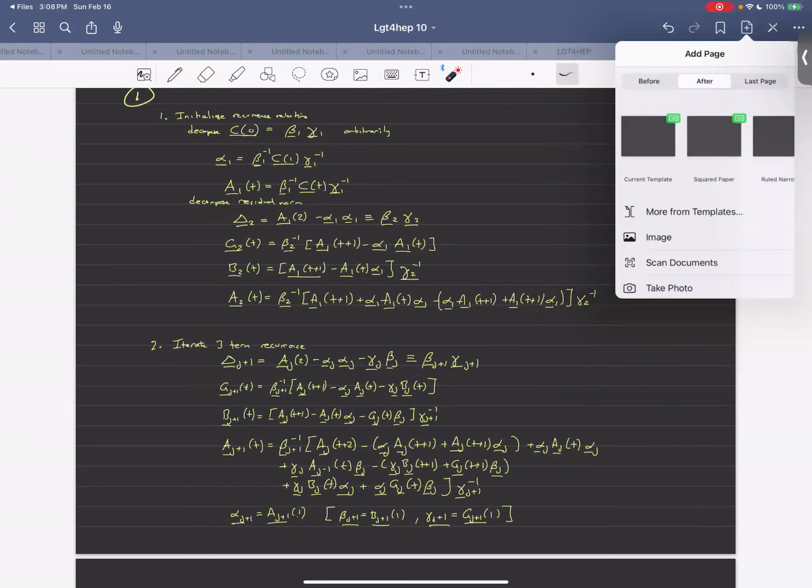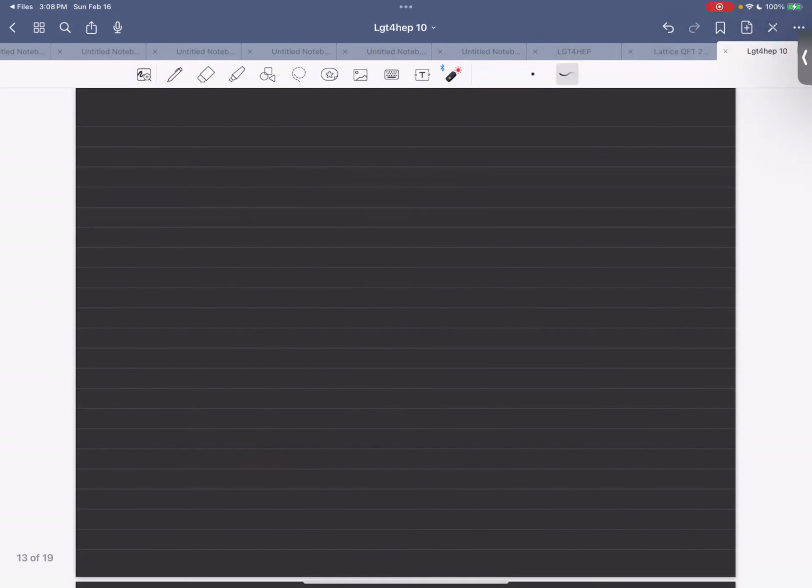Having got those, we can then construct this matrix T_m. It is really just a block tridiagonal matrix.